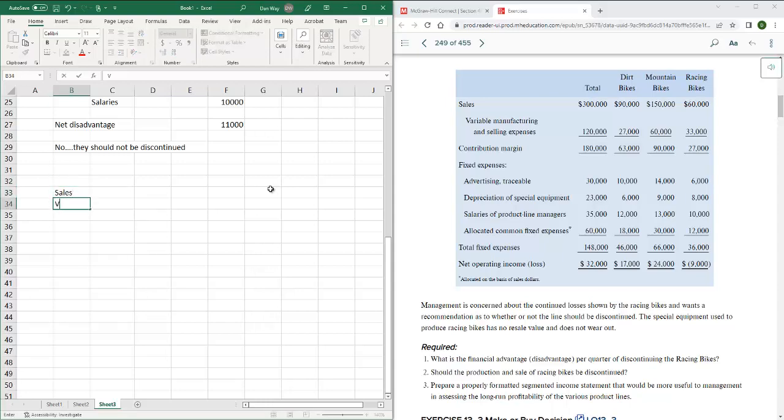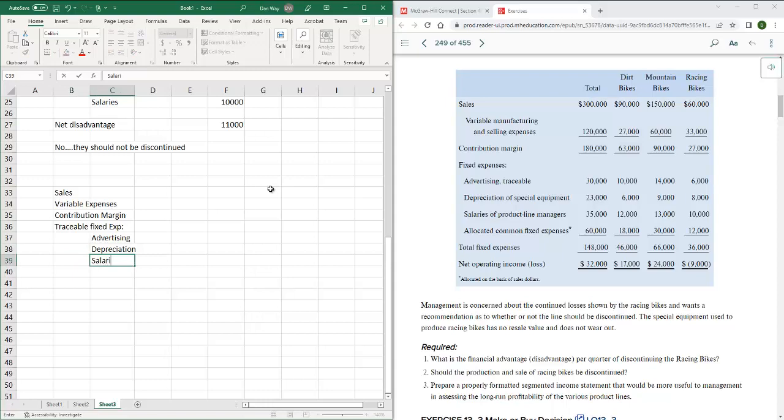So we'll do line by line. We'd have sales. I'm just going to abbreviate some of these here. Variable expenses in total. Where's our contribution margin? Now, if we're thinking about a segmented income statement, we'd want to next show the traceable fixed expenses, and that would be advertising. Depreciation is traceable, but not avoidable.